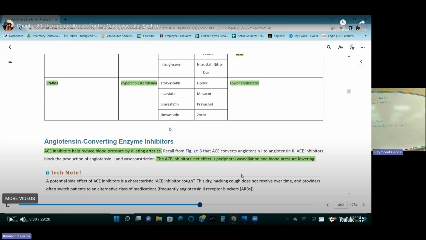We have to be careful using furosemide or Lasix because they deplete us of potassium.